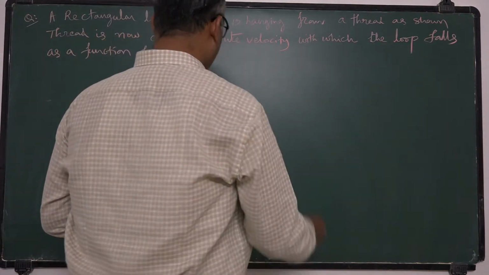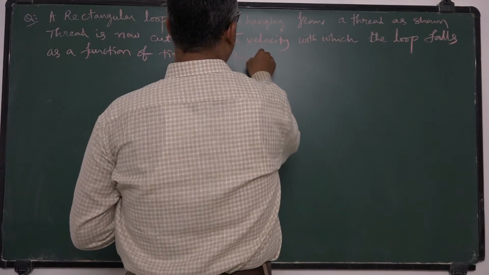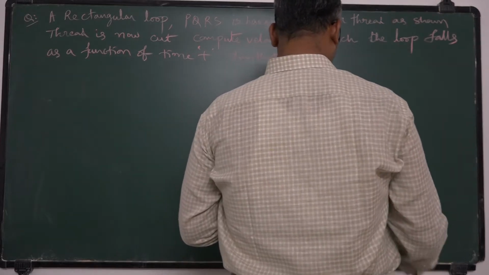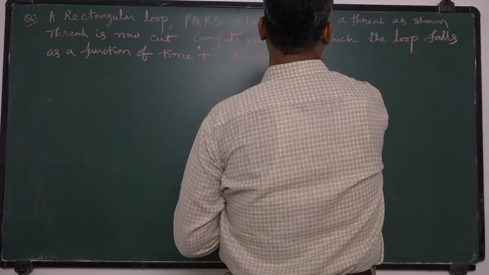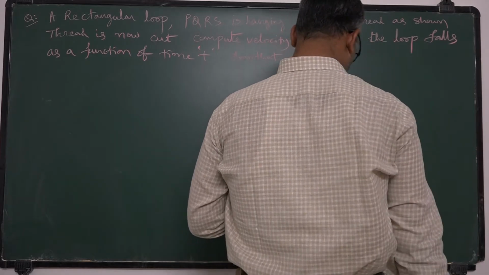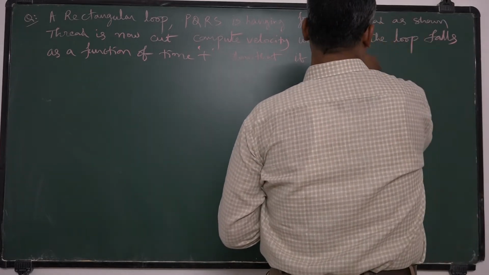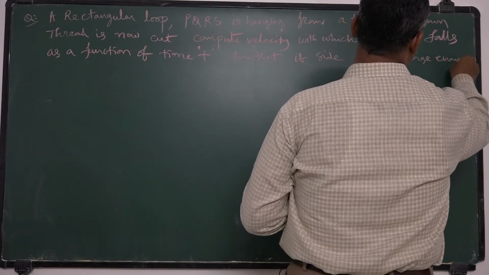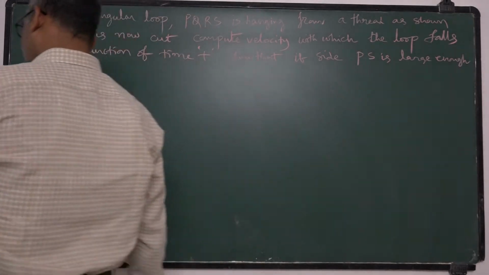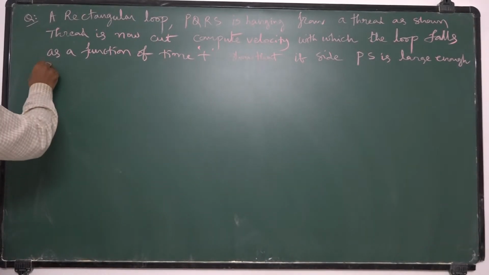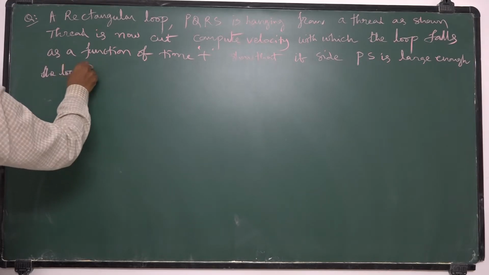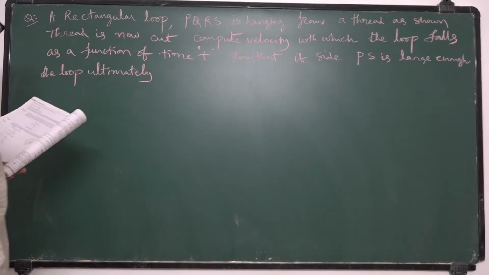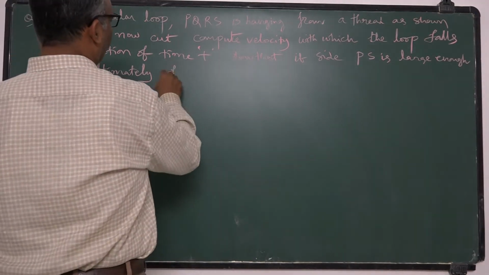Show that if side PS is large enough, the loop ultimately falls with constant speed.